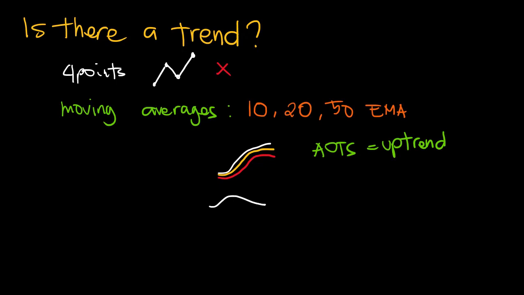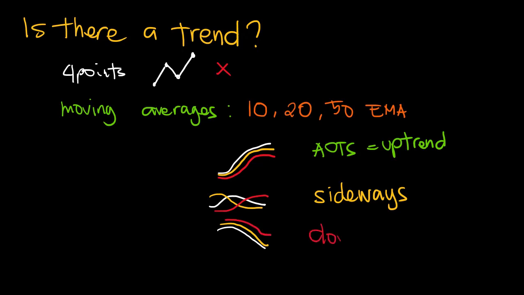Sideways trends happen when there's no clear relationship between the three moving averages. The value of the 10-day EMA is greater than the 20, but 20 is less than 50, or 10 is less than 20 but greater than 50. And lastly, downtrends happen when the fast moving average is below the middle and the middle moving average is below the slow moving average.